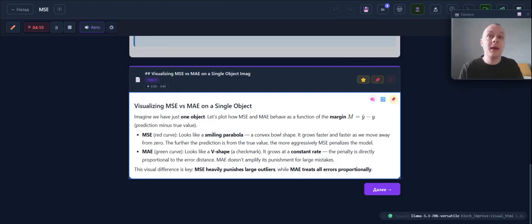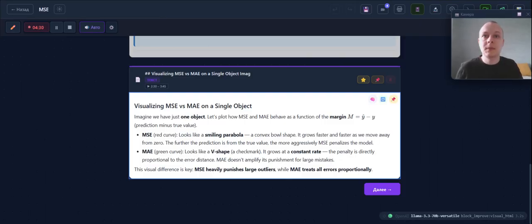And MAE looks like a V shape, a check mark, and it grows constantly with the same rate. Its delta doesn't change from one period to another.